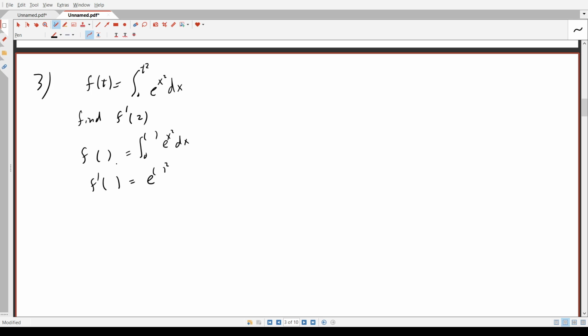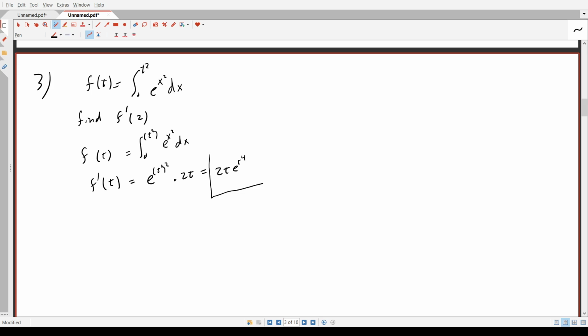Okay, so here if I put in t, notice what we have, it's not just t here, it's t squared. So when I do this with the derivative, I have to use the chain rule, so I put in t squared, and I have to multiply by 2t. So this is just 2t e to the t to the 4.